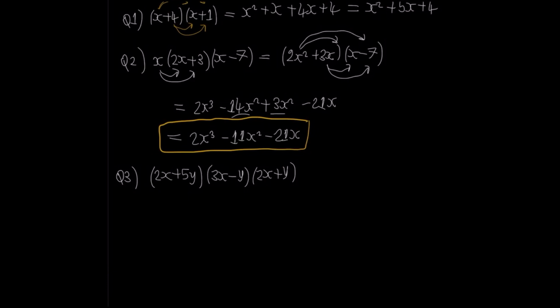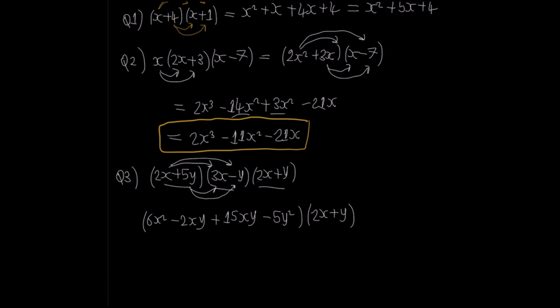So let's just take this pair here to begin with. Let's do 2x times 3x is 6x squared, and 2x times minus y is minus 2xy. 5y times 3x is plus 15xy. 5y times minus y is minus 5y squared. And then we're multiplying that, obviously, by this remainder term here.